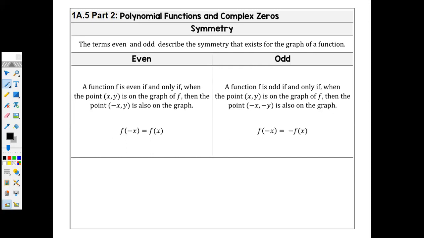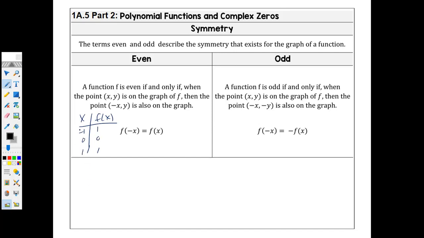Okay. So a function is even if and only if when the point (x, y) is on the graph, then the point (negative x, y) is also on the graph. An example of that would be if I have x, f of x: negative 1, 1, 0, 0, 1, 1.